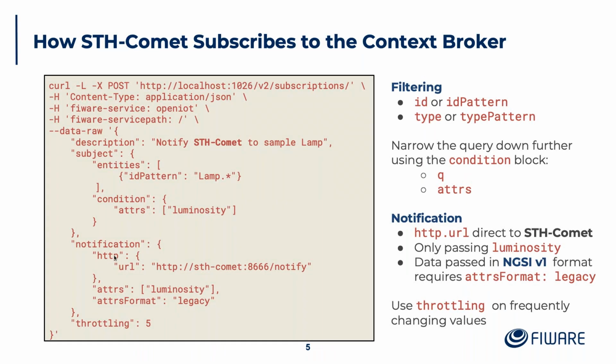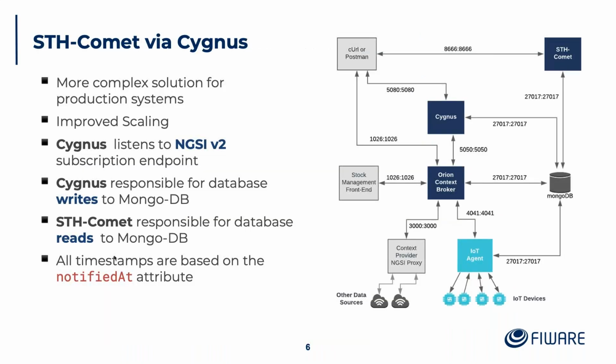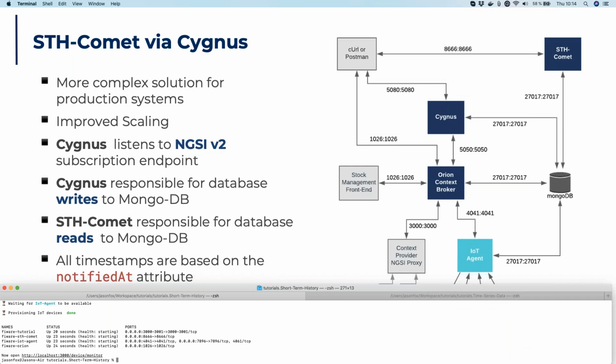Okay, so that was the way that it gets hold of information. As I said, we're overloading Comet here slightly because it is actually doing a lot of work. If I now go back and add in Cygnus into my system, we then end up with 2 different components doing 2 different jobs.